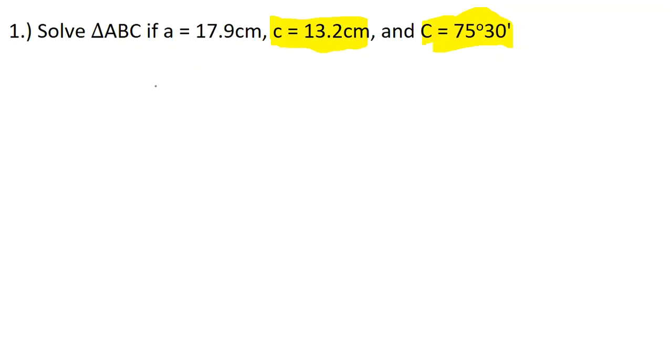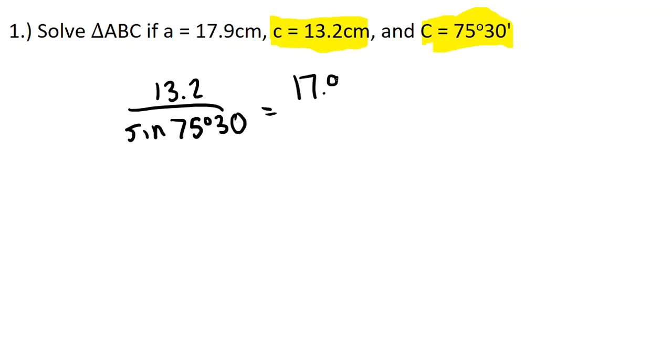So I'm going to do side C over the sine of angle C. And I'm given A, so I'm going to do side A over the sine of angle A.